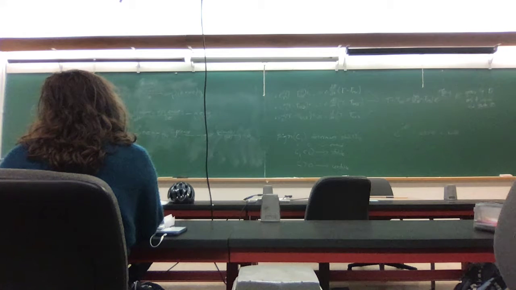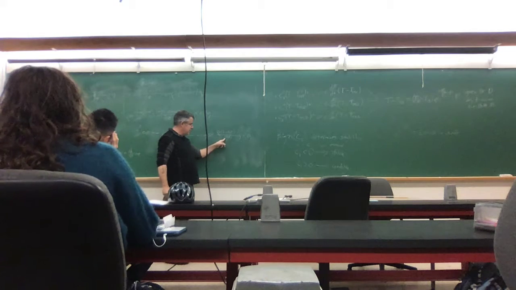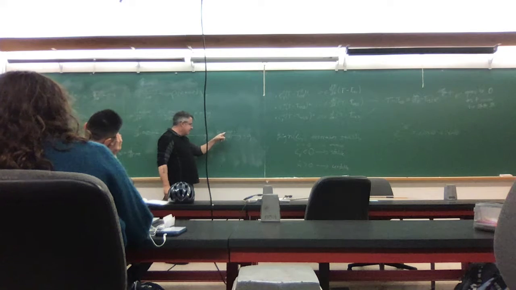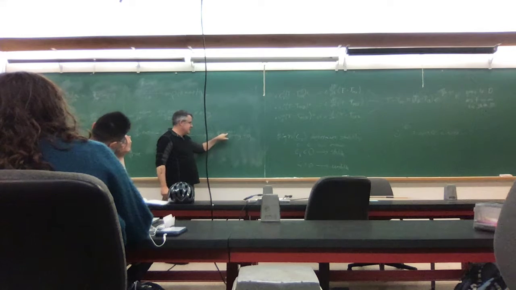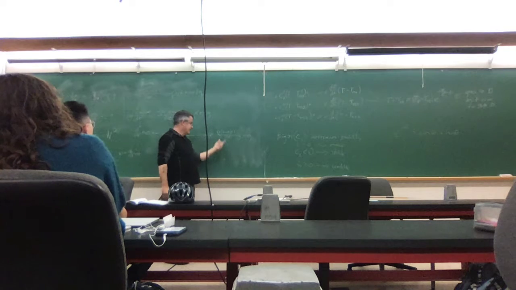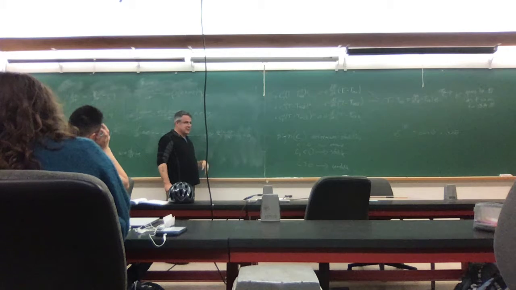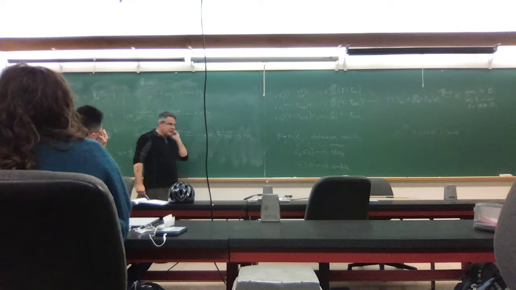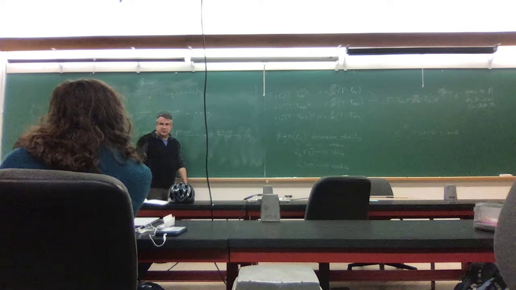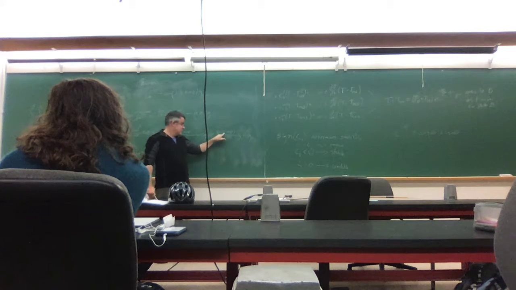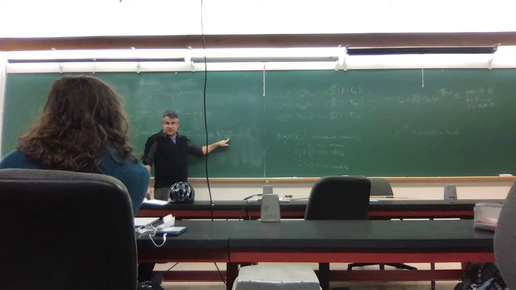Okay, so now there's one more magical step here. This is some potentially horrible thing, but what would happen if I Taylor series rho of z plus delta z about delta z equals 0? If I Taylor series this, I would get one part that just cancels rho of z, and we have rho of z at the bottom, and then I get a part that's proportional to delta z, right?